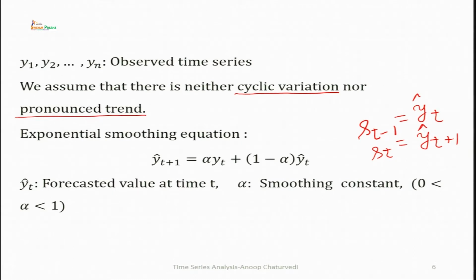So, the procedure is very simple. You are adjusting the last predicted value of y, say y hat_t, by taking into account the most recent observation, and then your forecasted value y hat_{t+1} is the weighted average of y_t and y hat_t.